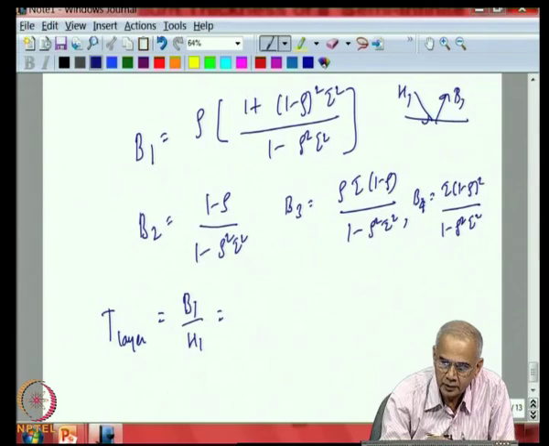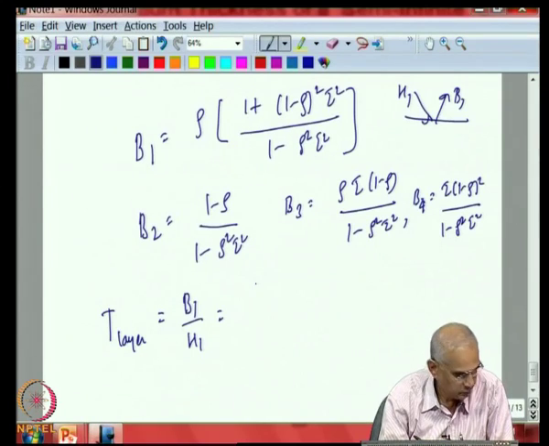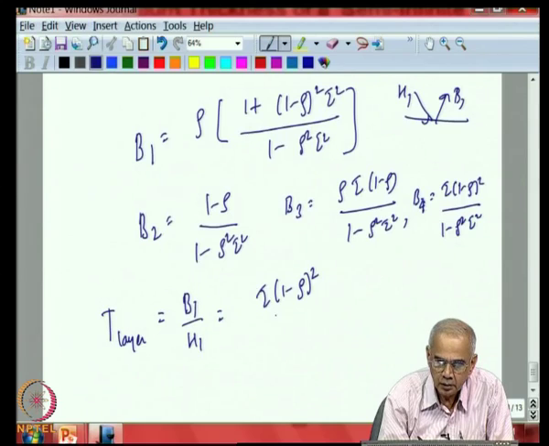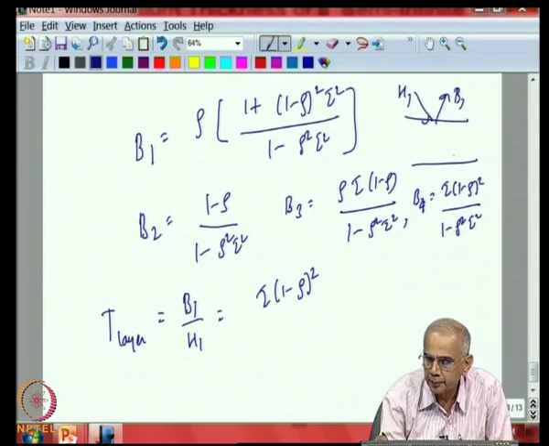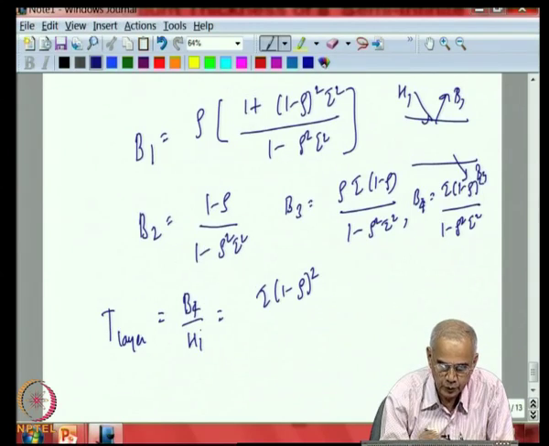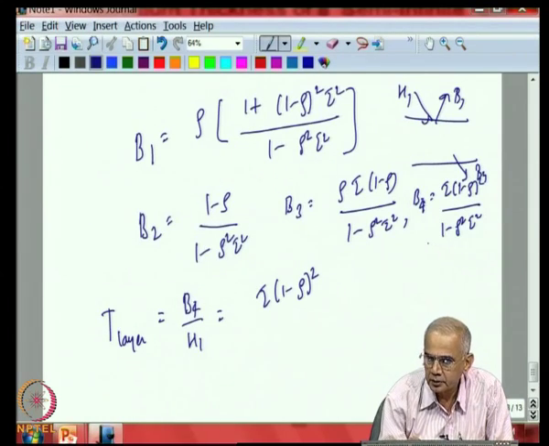So, the reflectance comes out as nothing but the expression. The transmittance is tau into 1 minus rho squared, the transmittance is B4 by H1. So, that will come out as this one.